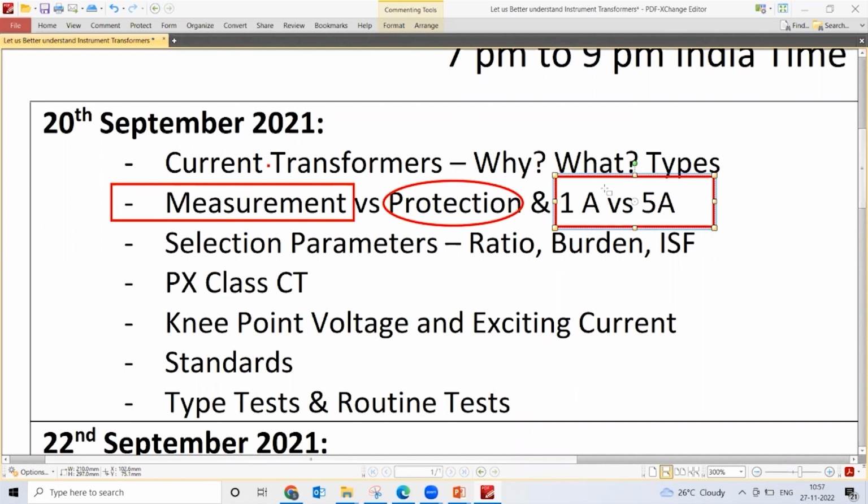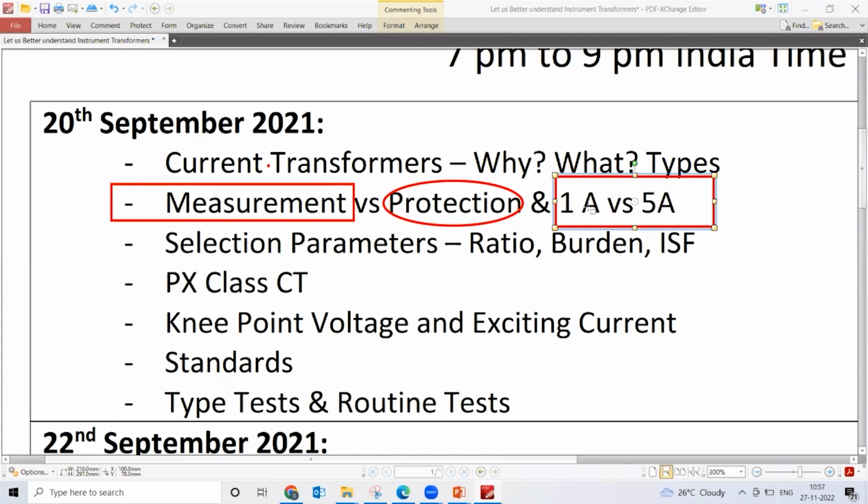I have given 2 simple facts to compare. One, what's the impact of the connected burden? Second, what's the size of the CT? But there could be multiple other things with respect to selecting 1 amp and 5 amp, but this is the most important.